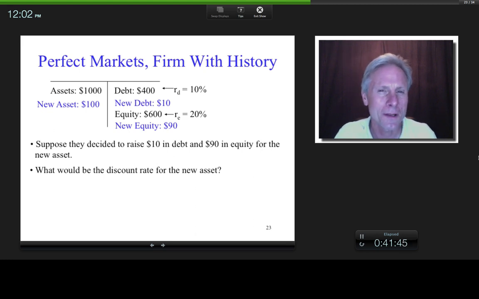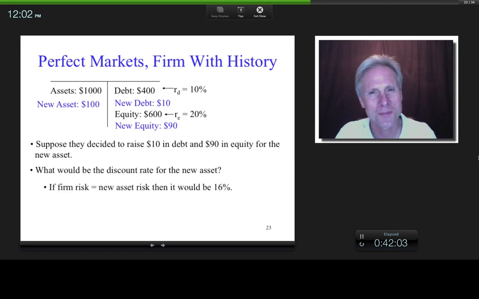As we saw earlier, does the discount rate that applies to the asset investment decision depend upon the source of funds or the use to which funds are put? Depends on the use to which funds are put, right? So in this example, if it were true that the new asset had similar risk to the existing firm, well then it would still be 16%.